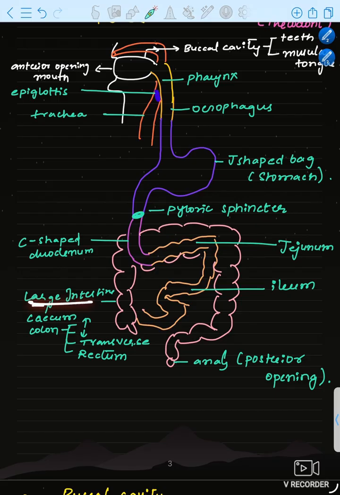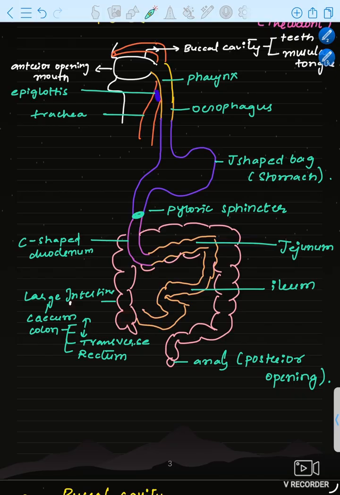So in large intestine, here there will be a valve, that is ileocecal valve. When the feces goes near the cecum, there should not be re-entry of it into the ileum. That's why the valve will be closed after entry of the feces into the cecum.